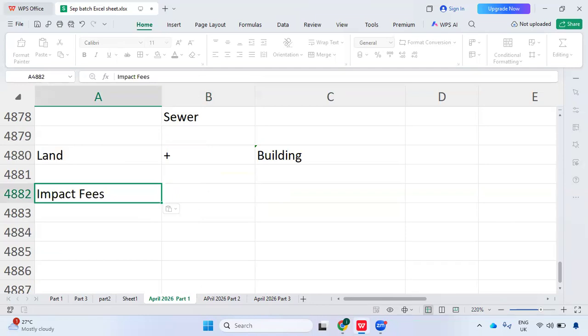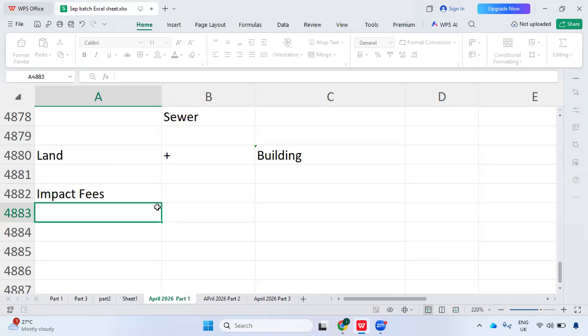And next one, impact fee. For new construction cases, we need to pay some impact fee. Impact fee means it is impacting the public, increasing demand for roads and schools or drainages or water system.